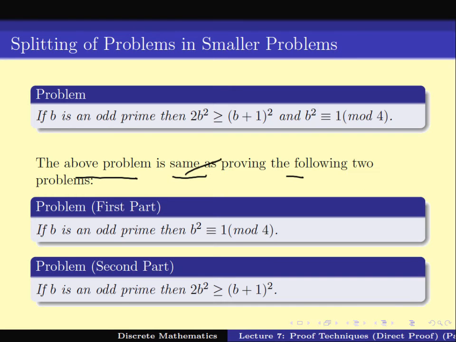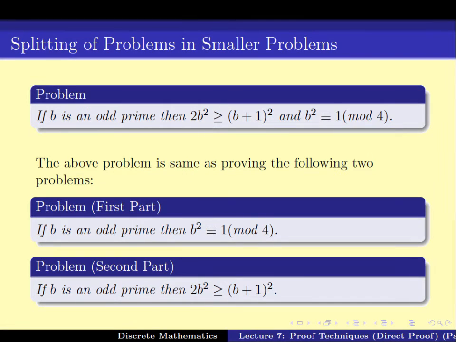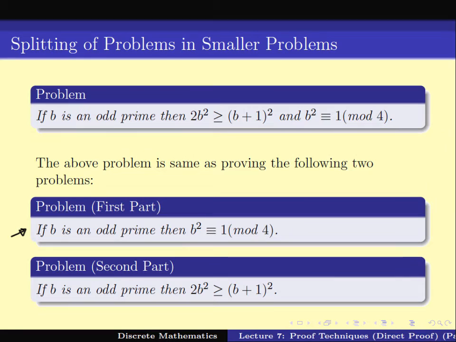For example, the problem that we are looking at, we had already split up into these two problems, first part and second part. Now look at the first part. The first part says that if b is an odd prime, then b squared is congruent to 1 mod 4.